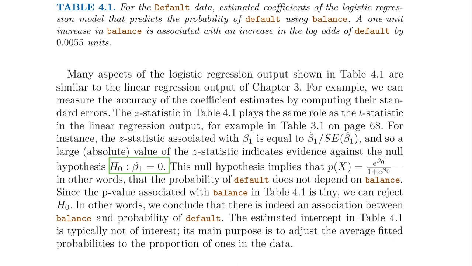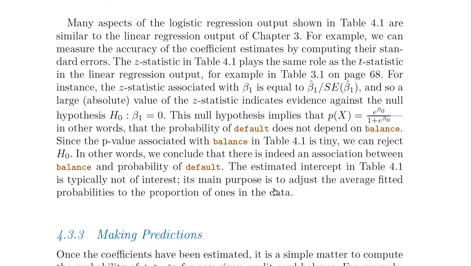It would give you no term with X. So the null hypothesis is telling you the probability of default does not depend on balance. Since the p-value associated with balance in table 4.1 is tiny, we can reject H0. In other words, we conclude that there is indeed an association.